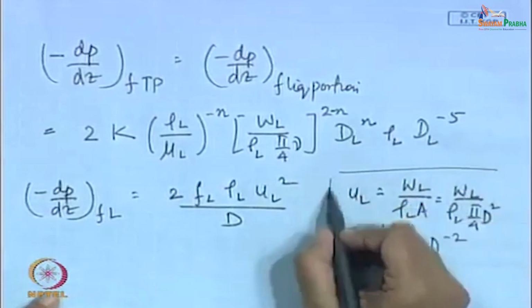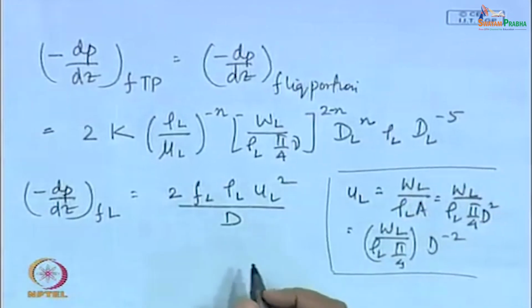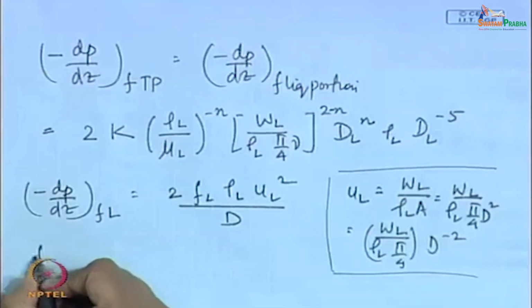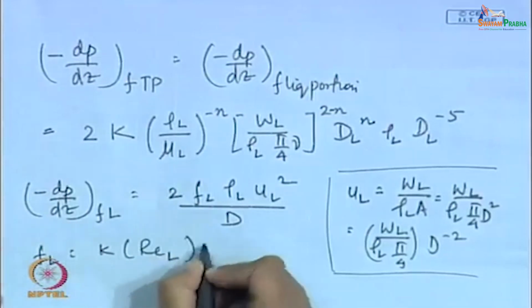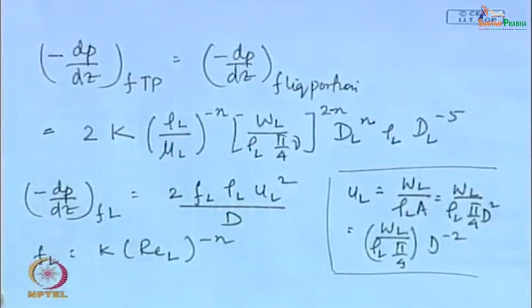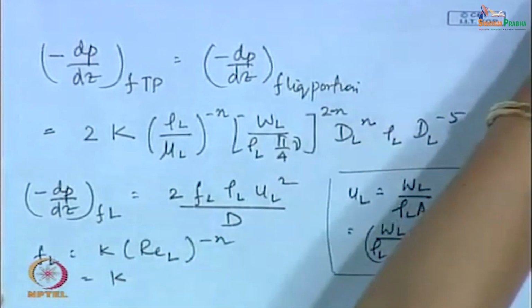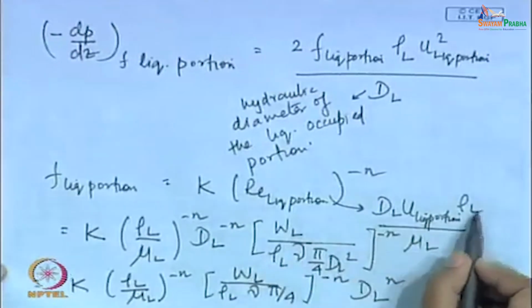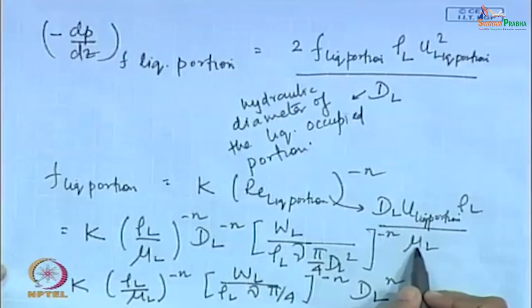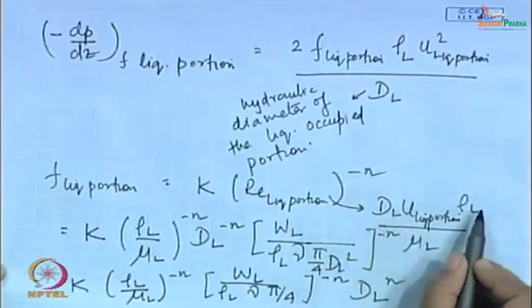We can write it in this particular way. And similarly, what is FL equal to? This will be K REL whole to the power minus n, right. What is this REL? In this particular case, REL was DL UL rho L by mu L. For our case, it is going to be D UL rho L by mu L, correct.